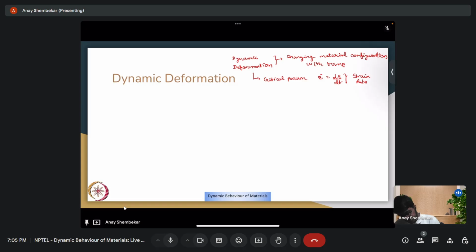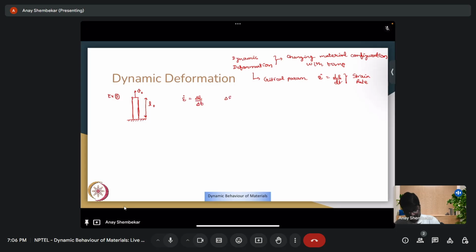So the first example is of a rod. A thin rod, so an approximately 1D object, fixed at one end, and the other end is being pulled up with some velocity V naught. The initial length of the rod is L naught. Then we can define the strain rate epsilon dot as delta epsilon by delta t.